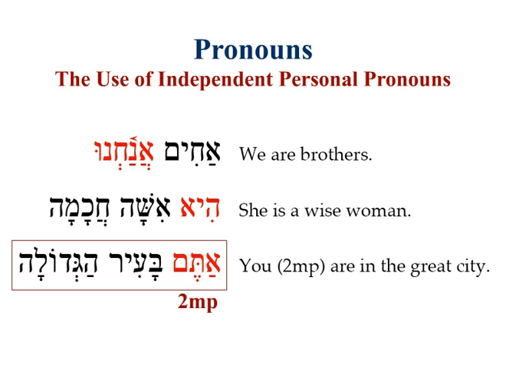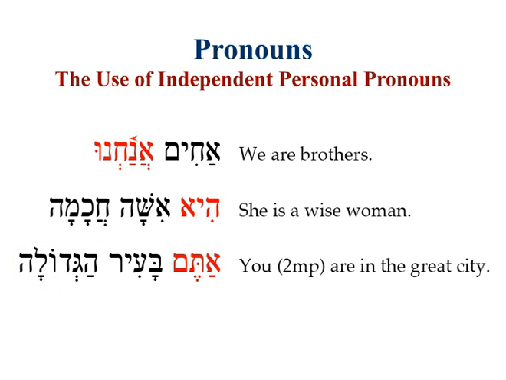You, second masculine plural, are in the great city. Note the prepositional phrase, ba'ir hagedolah, which also contains an attributive adjective. Atem is the subject pronoun.